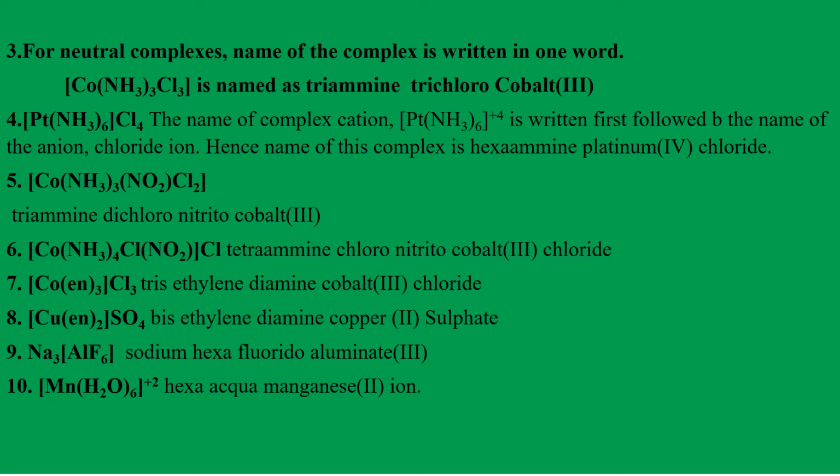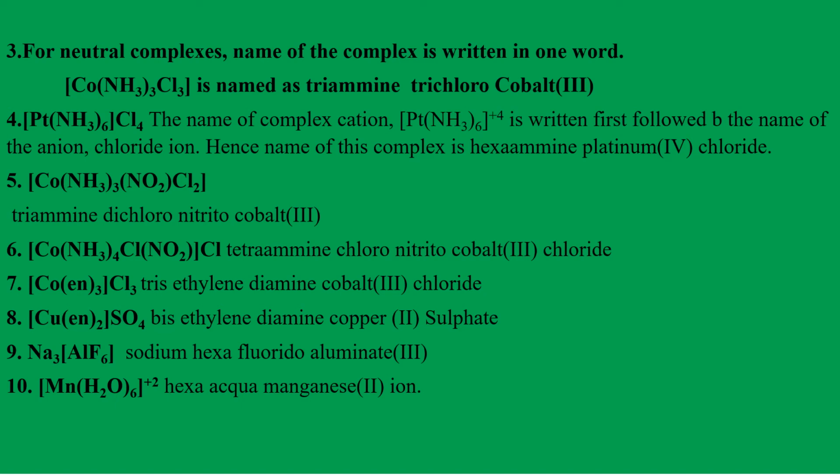We cannot use diethylene diamine or triethylene diamine like that. So we have to use the prefixes like bis, tris, tetrakis, etc. How many en groups are here? 3. So what will you write as prefix? Tris ethylene diamine cobalt 3 chloride.